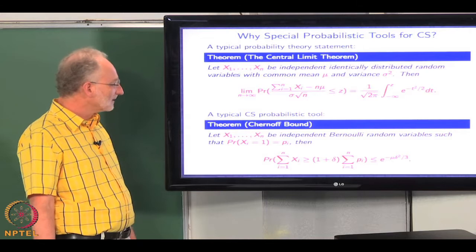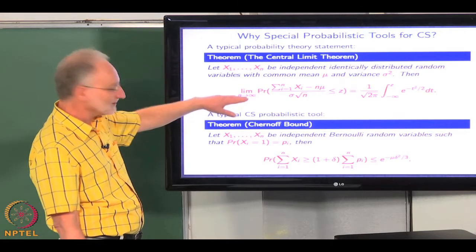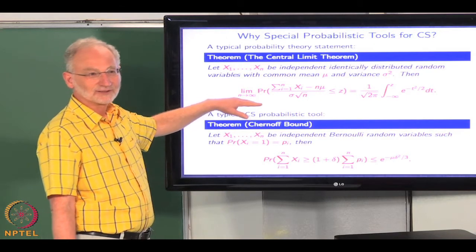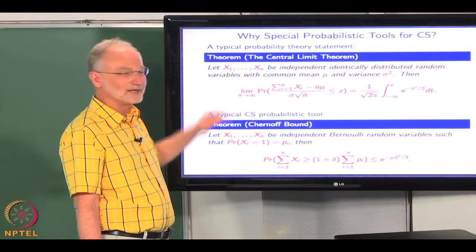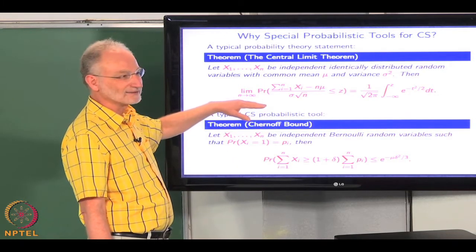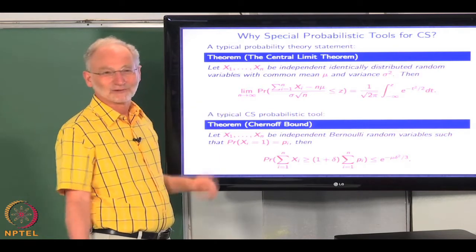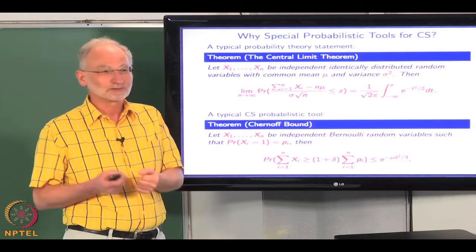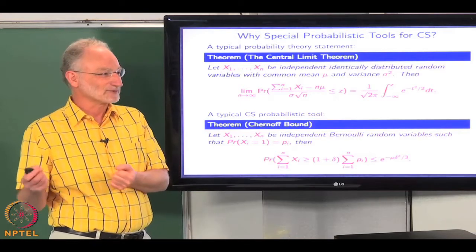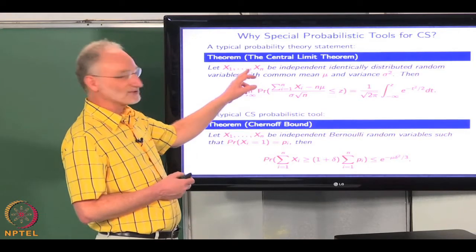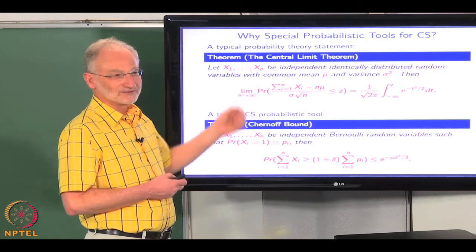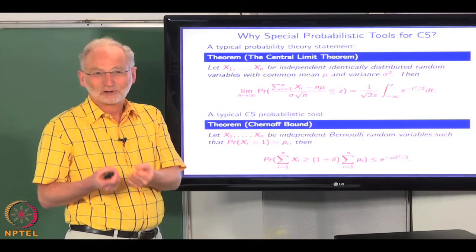Well, that's very nice for theoretical mathematics. But in computer science, the limit is not enough. I want to know how far I have to go. So in computer science, we really want to count the steps. Each of these samples has a cost.